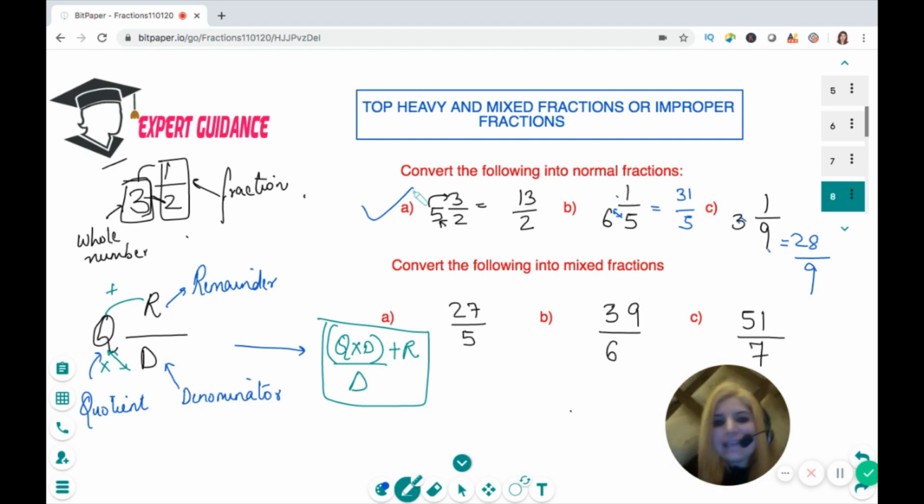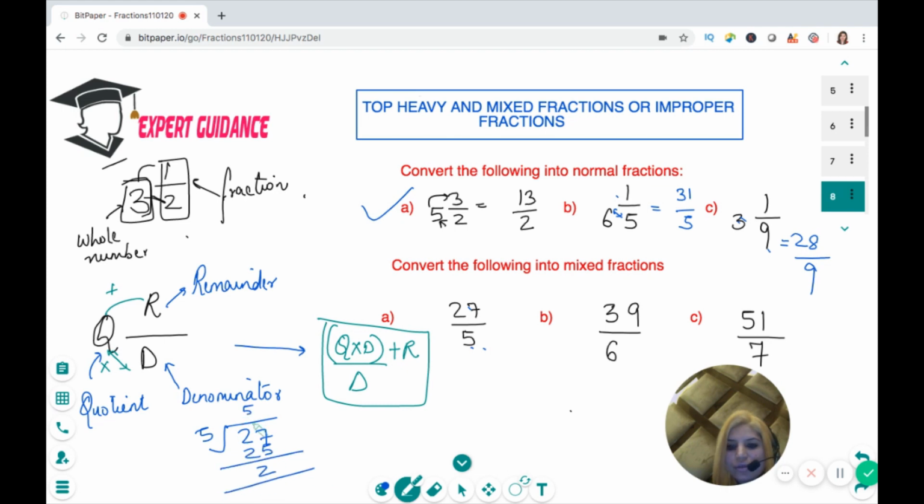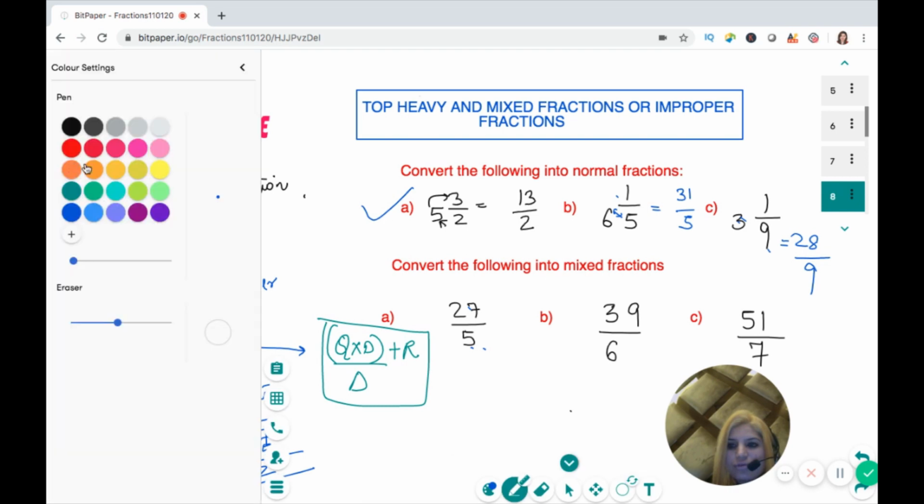Now next is how to convert the top-heavy fraction into a mixed fraction. The thing is you divide the numerator with the denominator. So let's divide 27 over 5 by the bus stop method. So when we divide 27 by 5, we get 5 times 5, which is 25, with the remainder 2. Now this becomes your quotient and 2 is your remainder.